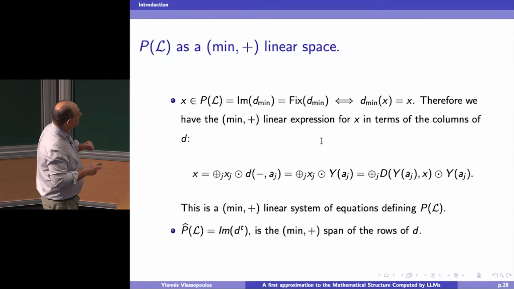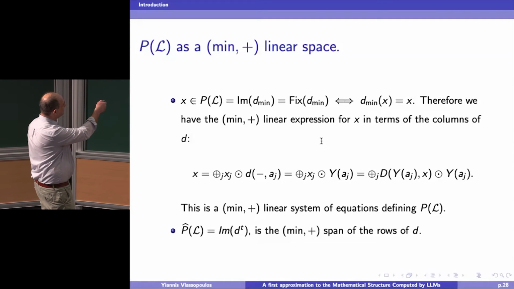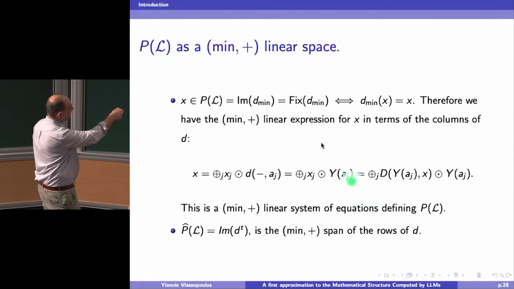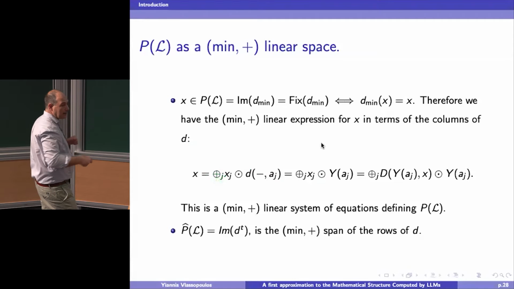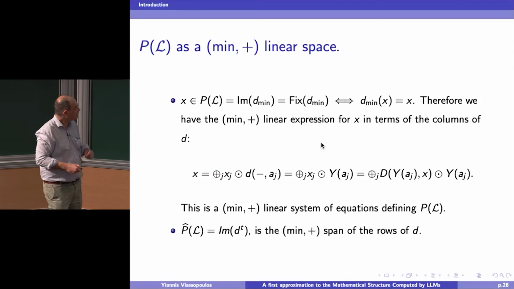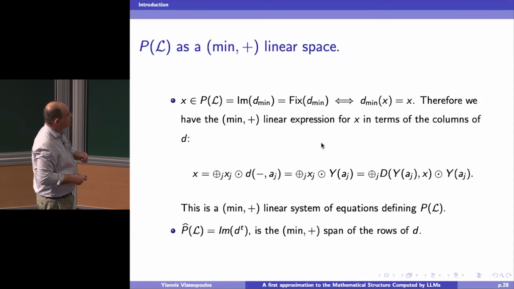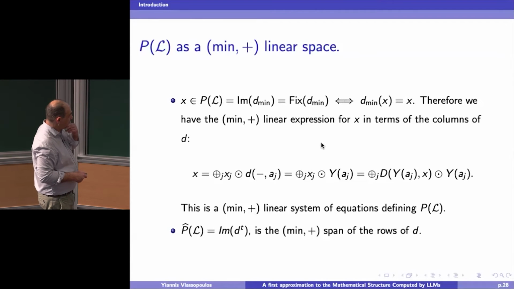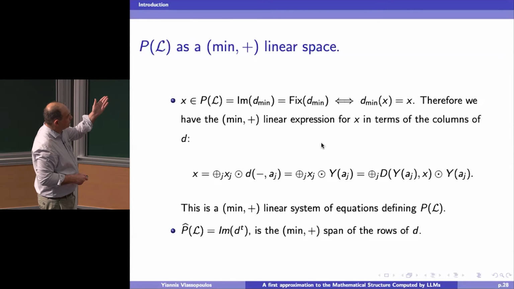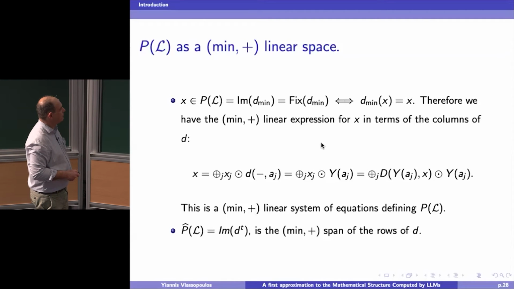And that means that we can write any element, as I was saying before, as a linear combination of the column vectors. So x is the sum of x_j d_{·,a_j}. So we get an expression for these mysterious bulk points of P of L. They are just min-plus linear combinations of these vectors corresponding to texts, with some coefficients.